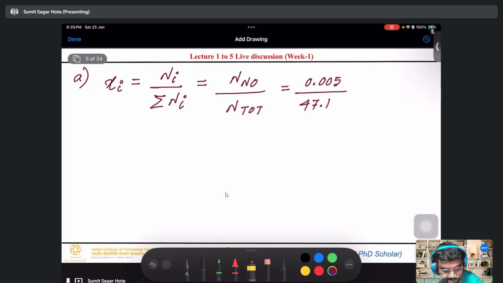If we solve it, we will get 106 into 10 to the power minus 6 kilomole per kilomole of mixture.